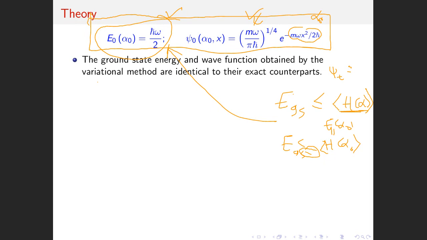So for the first excited state, again, you have to guess what the trial wave function for the first excited state will be. I think for most problems, if you find the ground state, you leave it there, but I'm just trying to show you how you will go about that.